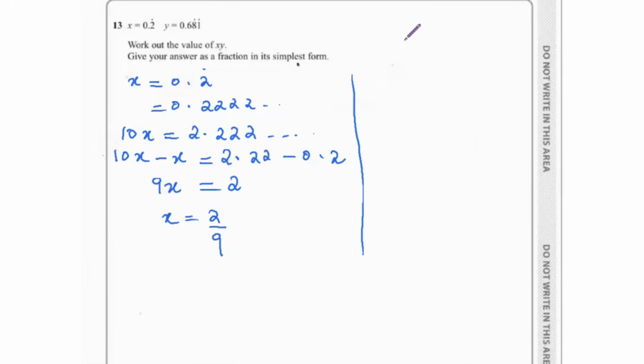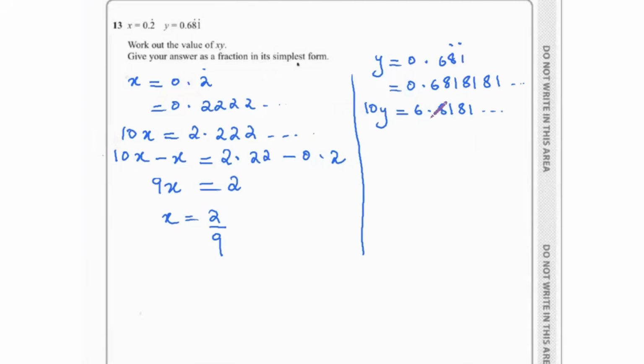Similarly, if we do the same steps for y, which is 0.681 recurring, that means it's the same as 0.6, but now 81 is being repeated, not 6, just 81. So let's multiply 10 with y. So 10y is going to be 6.81 recurring now.